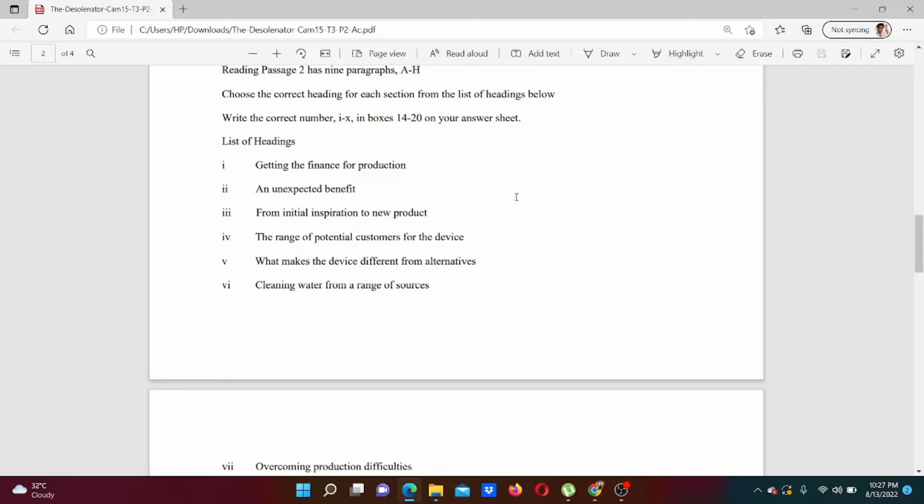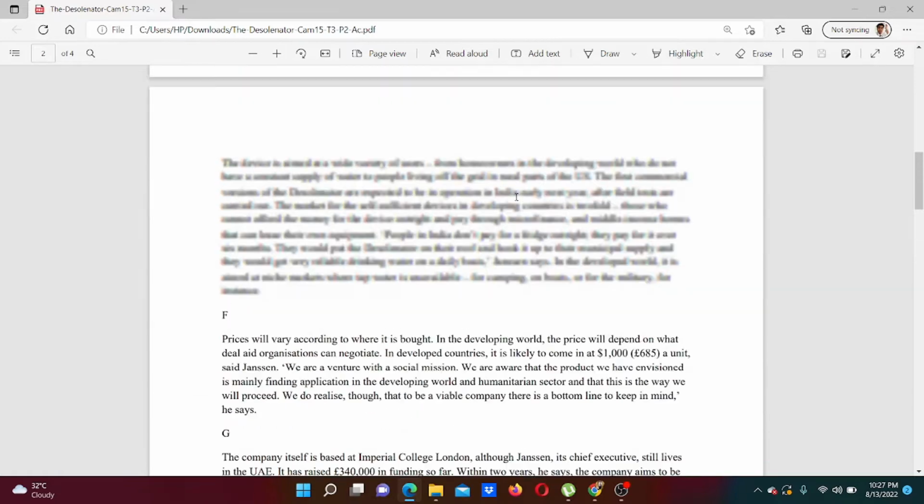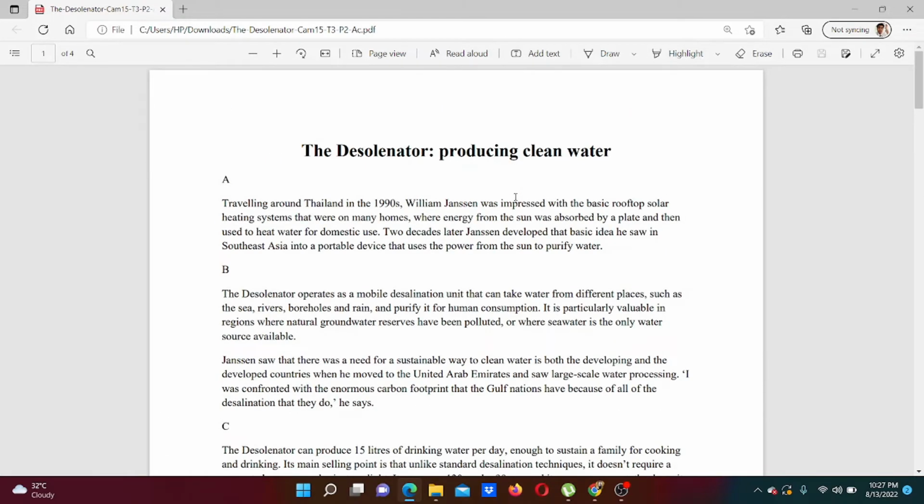So basically, there are a couple of students who first read the passage and then they start to read the headings. That is the wrong method. First of all, we have to read the passage topic.